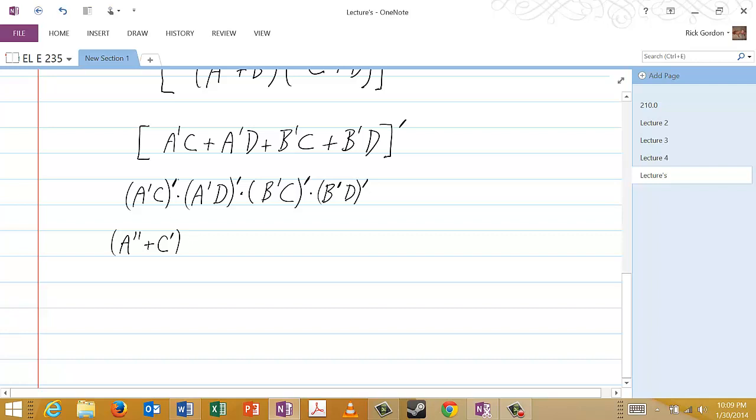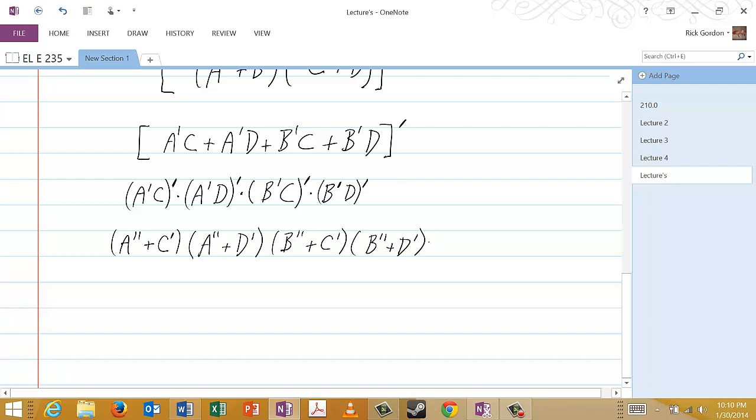Again, the complement of a product is the sum of the complements of the individual terms. And we do that for each one of these. A complement or D complement, B complement or C complement, and B complement or D complement.